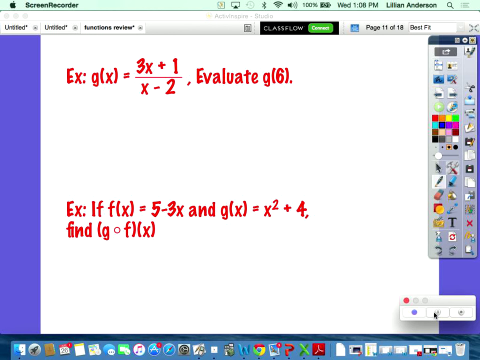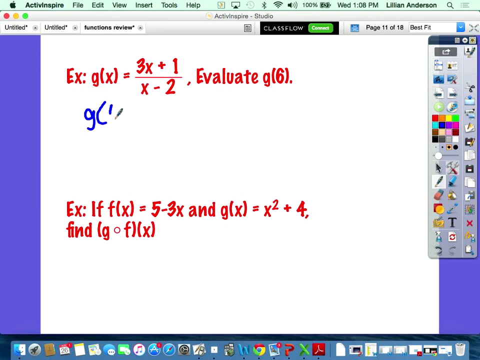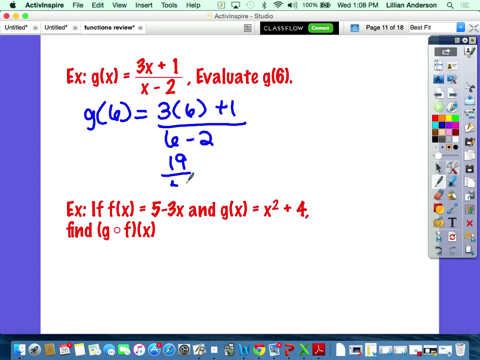Those method points, okay? Method points are when you actually show the plugging in process. Because heaven forbid you say 1 minus 2 and get a negative 1 in the denominator, or 6 minus 2, something can happen, something goes wrong. You still can get a method point by plugging in the correct number, showing the grader that you know you're supposed to plug in. So yes, 19 over 4.